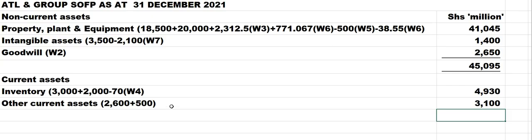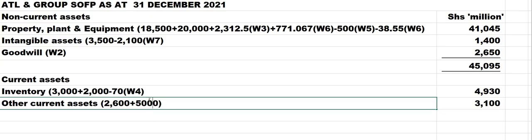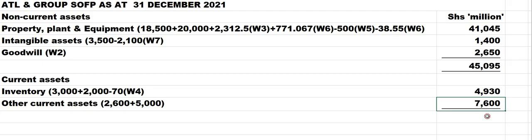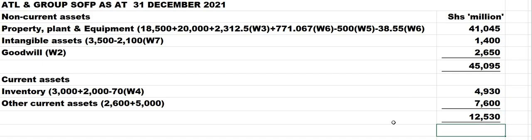This is 5,000, sorry. Excuse me, this is 5,000. Is it? Wow. So this gives us 7,600. So those are the only current assets which we have, and when you add these, they give you that.